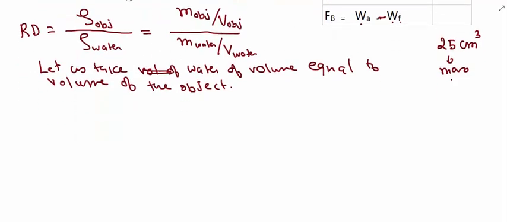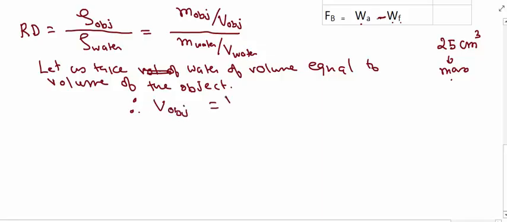That means I am taking as much volume of water as the volume of the object. Therefore, volume of object is equal to volume of water.